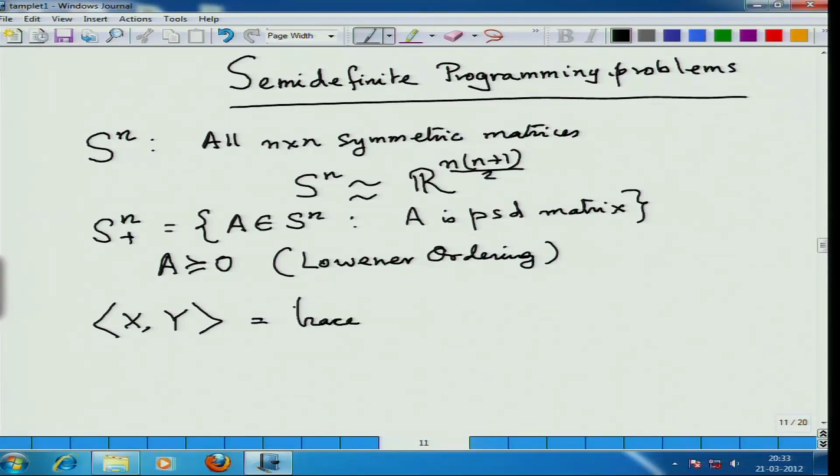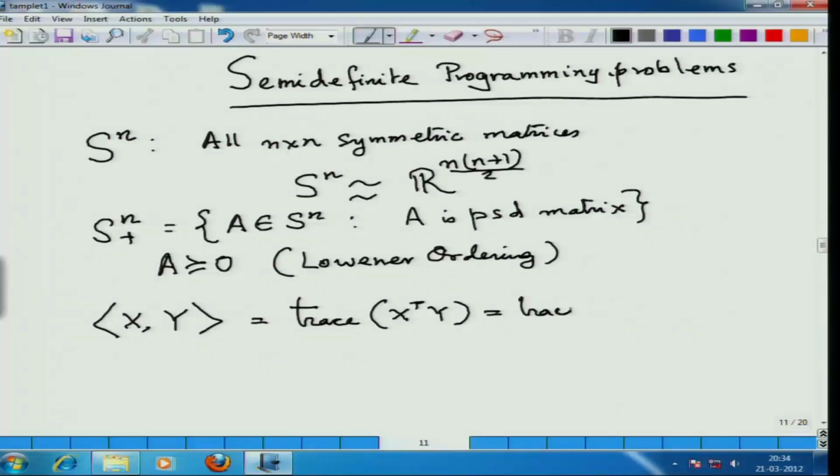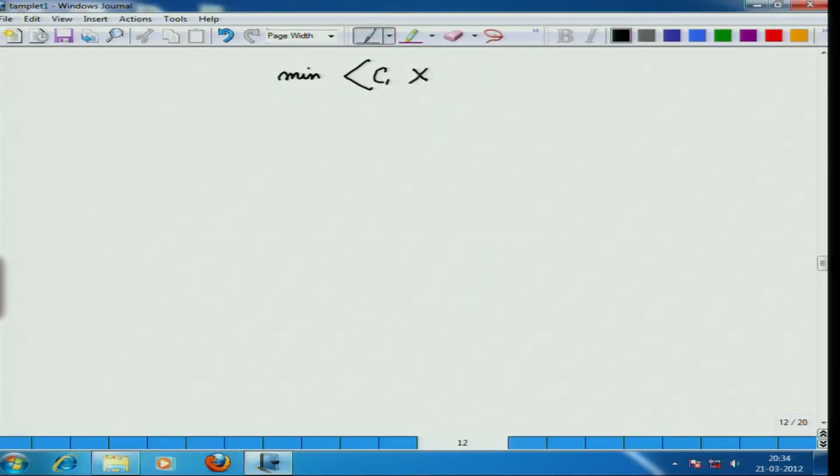This is trace of X transpose Y, but for a symmetric matrix X transpose is equal to X. So, this is equal to trace of X Y. Now, you will see I will write down a problem like this: minimize trace of C X, where C is obviously in S n, and then take all the Ai in S n, and X is obviously in S n.